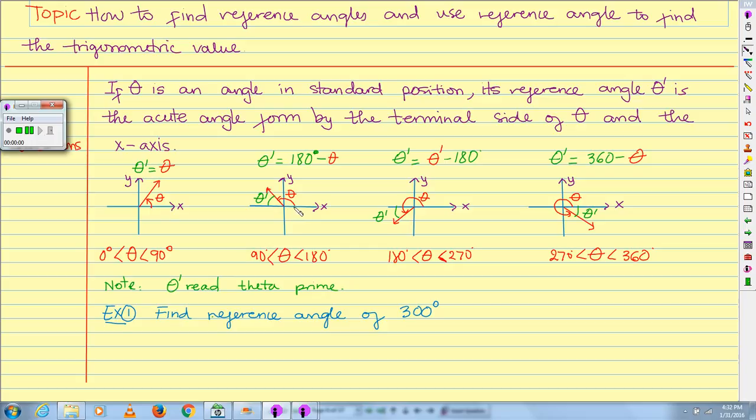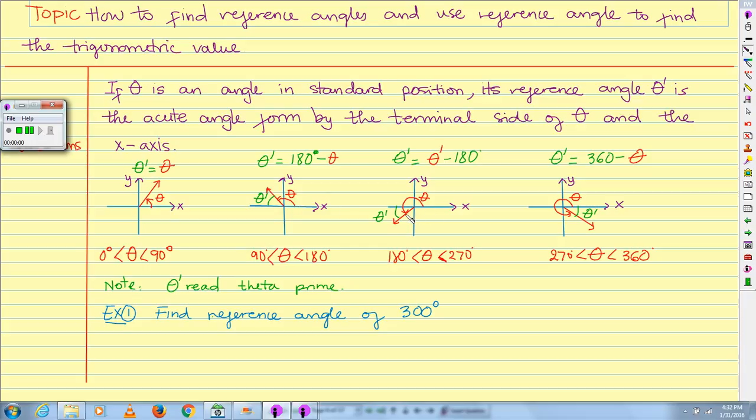In this case, the given angle theta is between 90 and 180 degrees, so the terminal side is in quadrant 2, and our reference angle theta prime is formed by the terminal side and the negative side of the x-axis. So this is your acute angle theta prime right here.